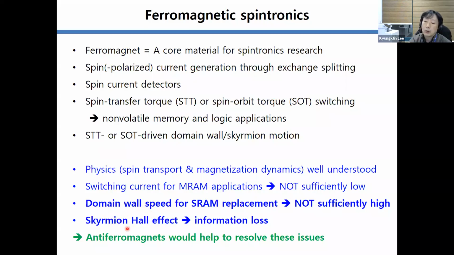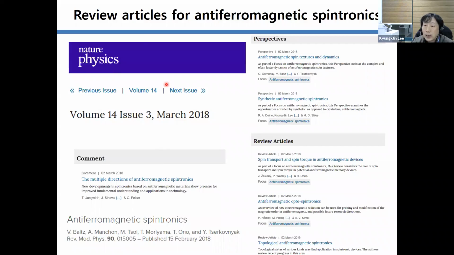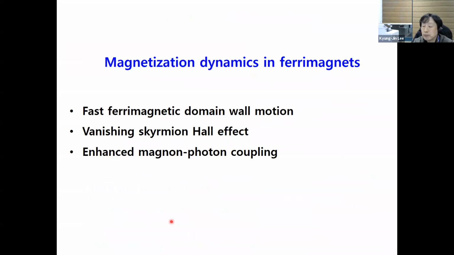And now there are ongoing research efforts on antiferromagnets, with the hope that they are qualitatively different from ferromagnets in many aspects, and it may help to resolve these issues. Actually, there are many review articles about antiferromagnetic spintronics, including this review published in Nature Physics and also in Reviews of Modern Physics in 2018.